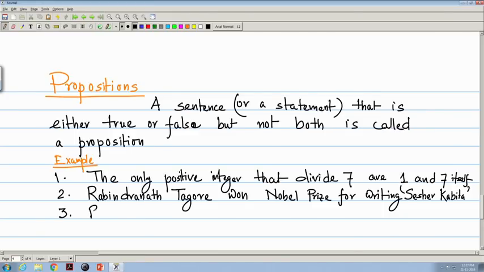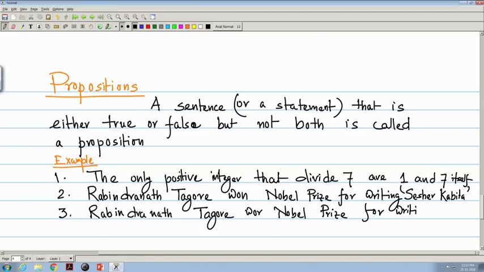Third statement: Rabindranath Tagore won the Nobel Prize for, or better I say, translating Gitanjali in English.